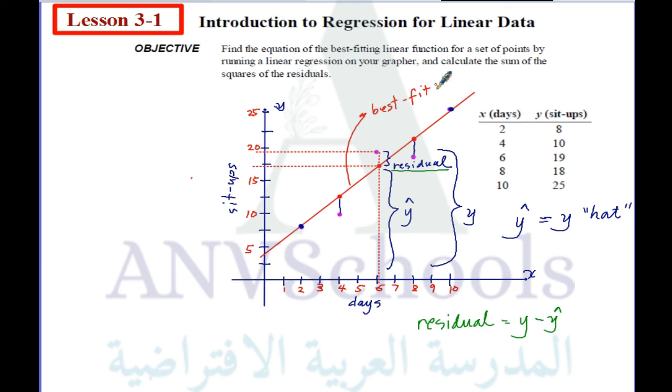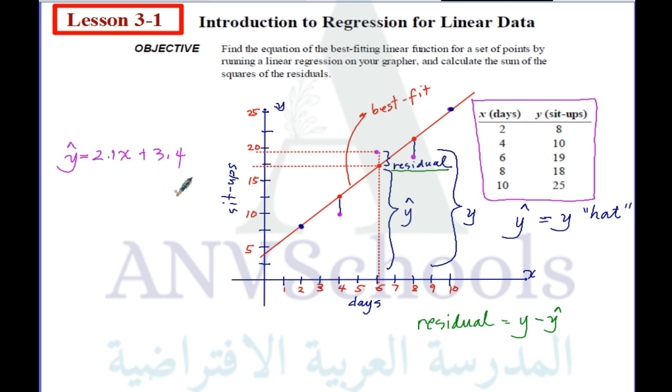In your book, they found it using a series of computations. So the equation for the scattered data that we have in the table is y hat equals 2.1x plus 3.4. This is the best fitting line equation.